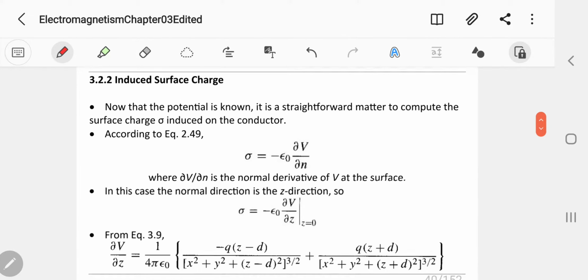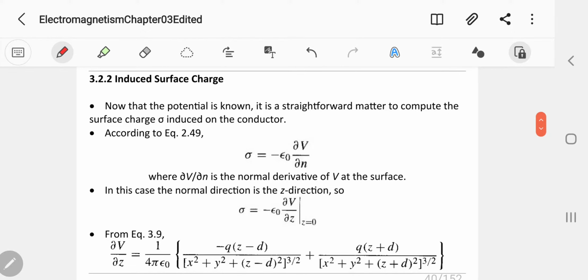So we'll find out the induced surface charge.